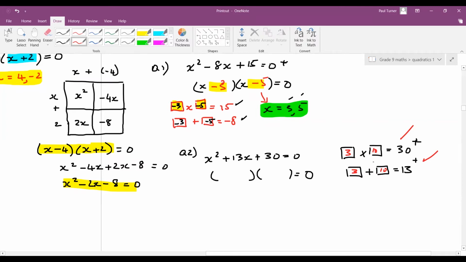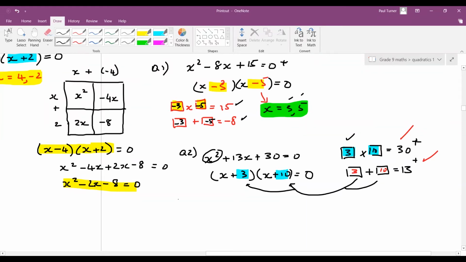So both of these numbers are good here and here. So we put them into our equation here. And we have x squared. So we know the first part will be x. And then we have plus 3 from here. And then x again, plus 10 there. So just write these 2 numbers into your factors here.